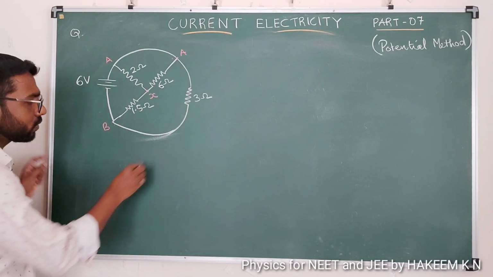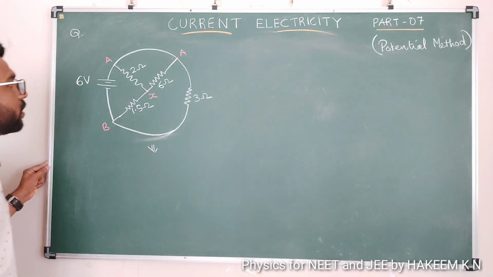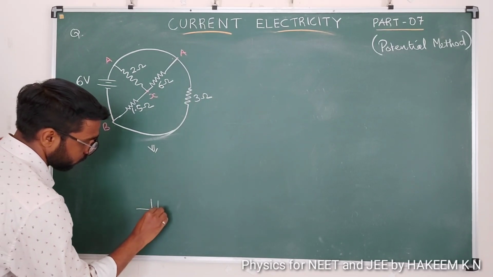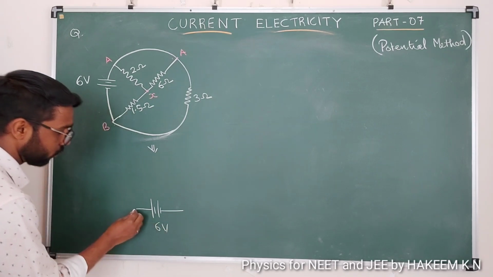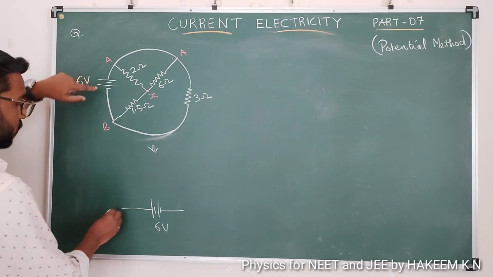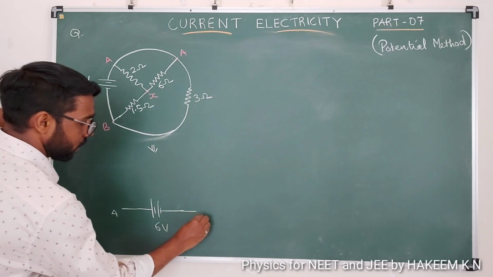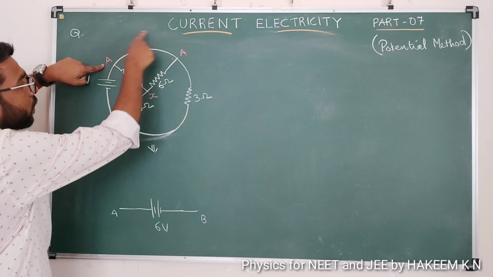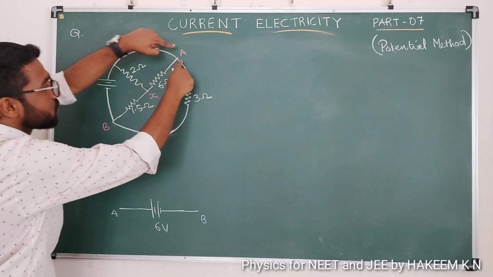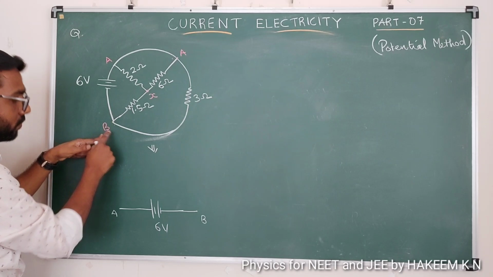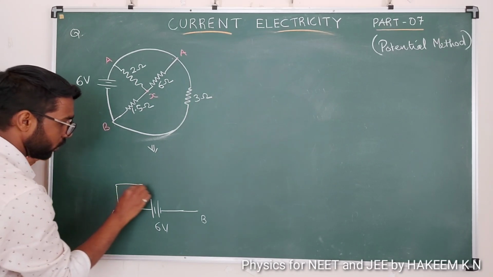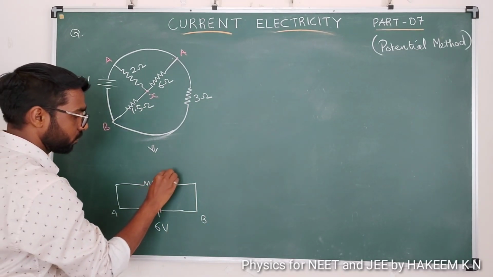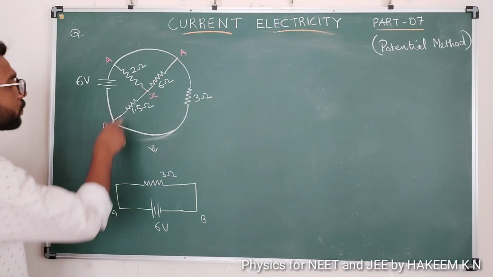Now we can redraw the equivalent network. 6 volt battery, and this point we can take as A, and here we can take it as B. From A there is a resistance 3 ohm directly to B. So first I am drawing that 3 ohm directly to B. This is 3 ohm.